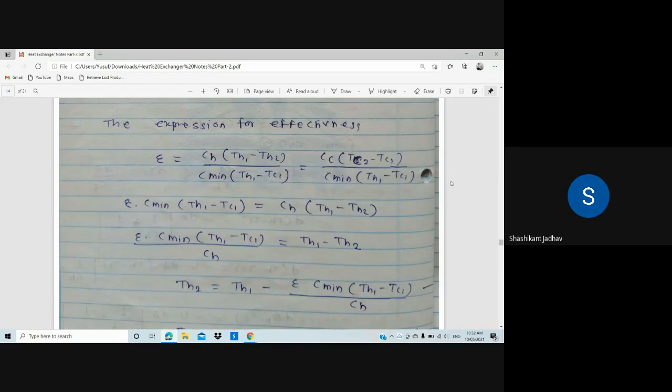By doing the simplification we get epsilon into the denominator, which we have taken to the left hand side, epsilon into C minimum into bracket TH1 minus TC1 is equal to CH into bracket TH1 minus TH2.